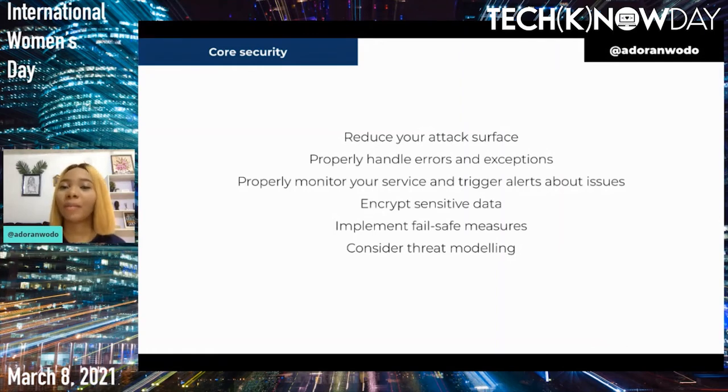If your customers are going to have some kind of sensitive data in your application, you would want to think about ways to encrypt this data and not just leave it in your apps as plain text, because that could be very problematic. Implement fail-safe measures as well, so that your applications fail gracefully, and when they do, they can always be restarted without any issues.